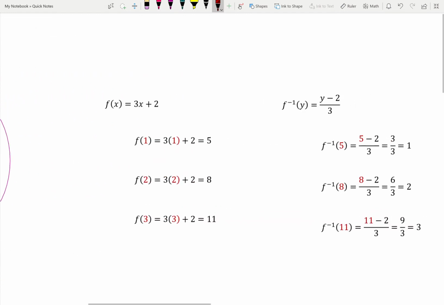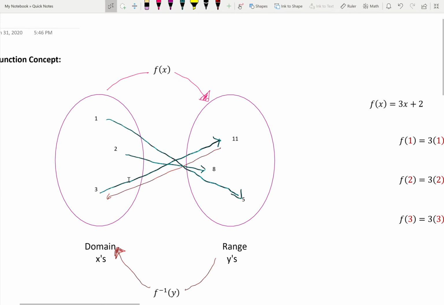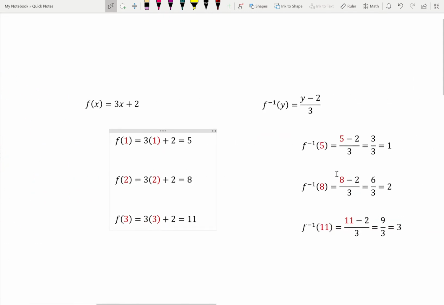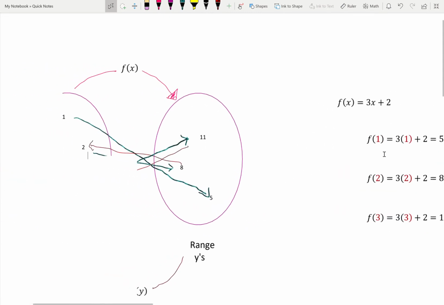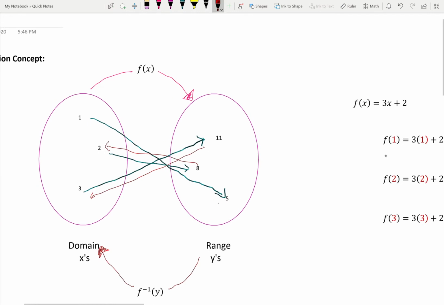Okay, well, if I put 8 into my inverse function, it spits out a 2. That means it's taking this 8 and mapping it back to 2. And lastly, if I put 5 into this inverse function, it spits out a 1. So guess what? 5 gets mapped back to 1.